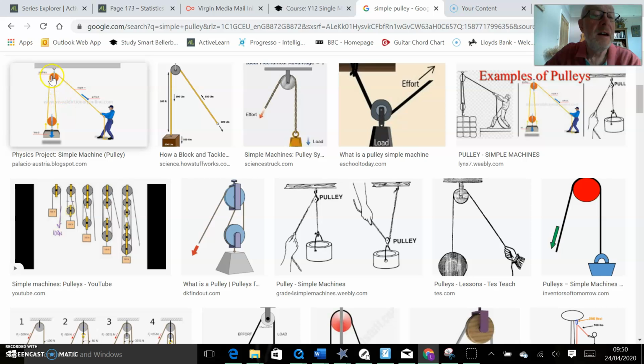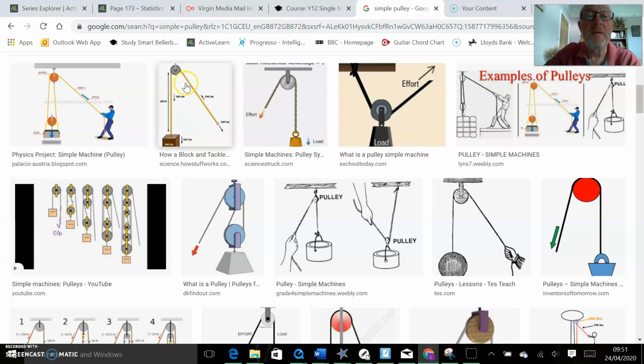If you have this arrangement of two pulleys, where the rope goes round the pulleys like that, then it's a lot easier to lift this load up. You can have quite complicated arrangements, like in this diagram here. The more you have, the easier it would be to lift the load.